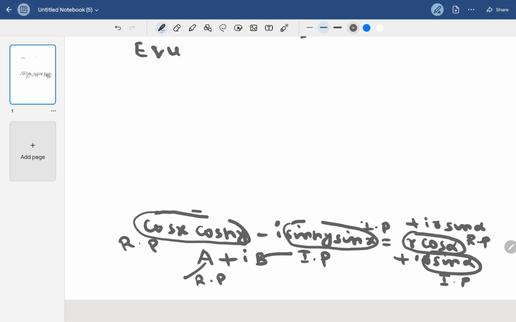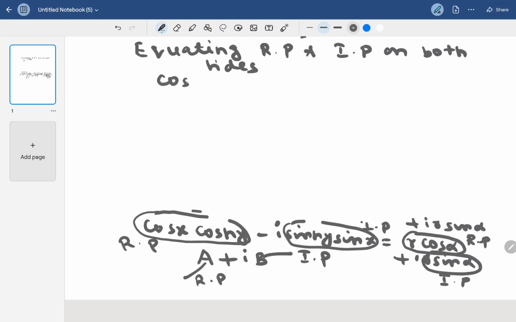Equating real part and imaginary part on both sides. What is LHS? Real part cos x cos hy, real part RHS is r cos alpha.